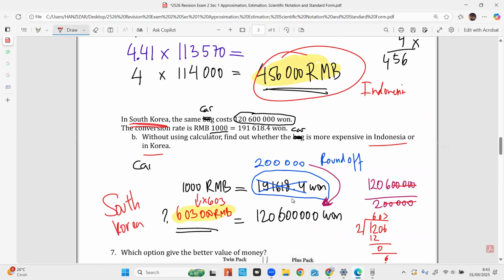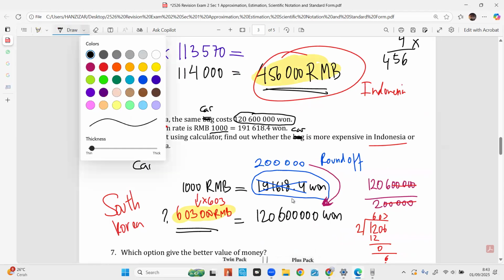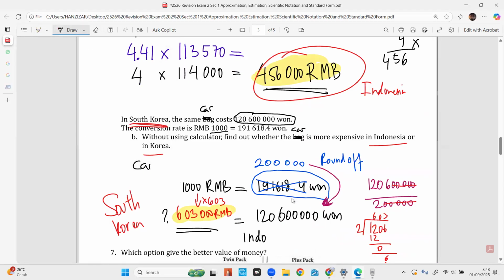Therefore, the cheaper is in Indonesia. But the question is asking for more expensive, right? So Korea. So South Korea is more expensive. Okay. So our final answer is here. South Korea more expensive. Okay, I'll save the question, save the answer.